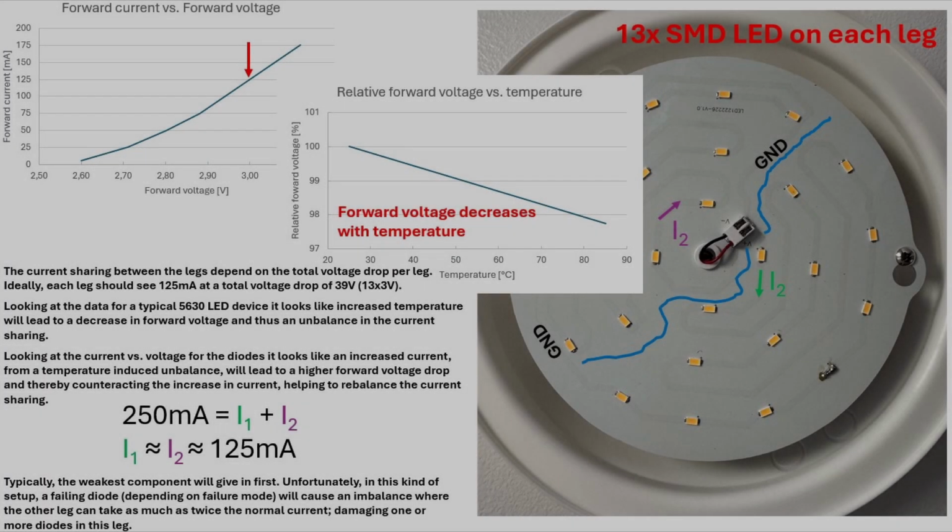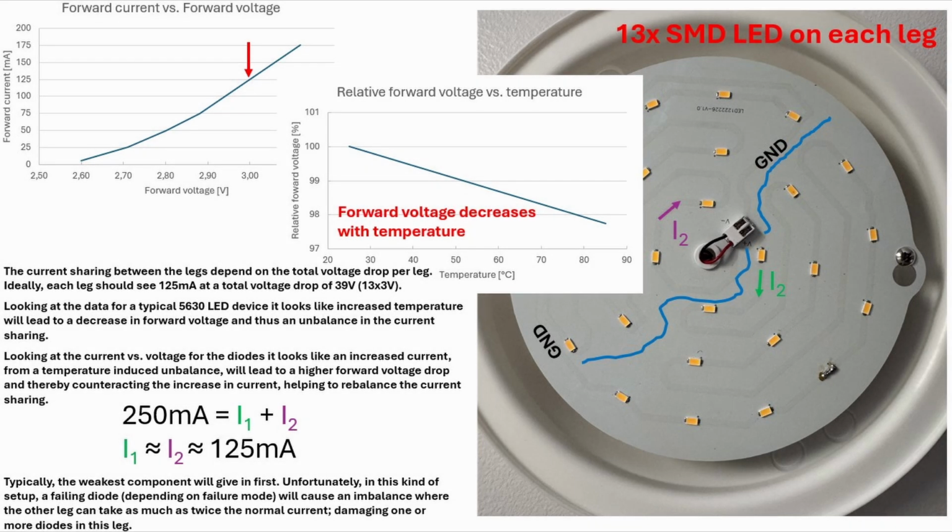What I thought was strange when the light failed the second time was that half the LED plate went dark, so I opened it up and looked a little more at the construction. I could see that they used one power supply to run a 250 milliamp total current, but the LED plate is divided.